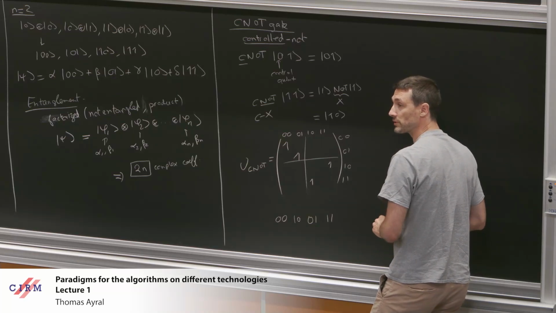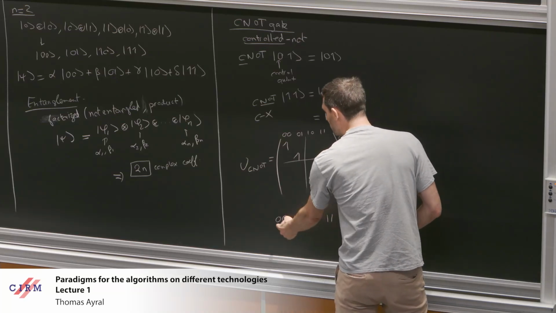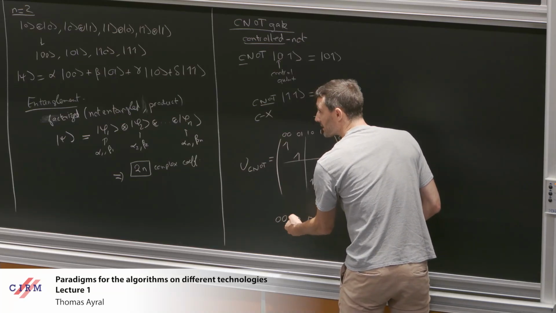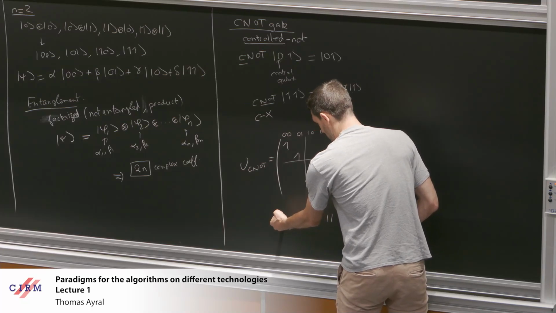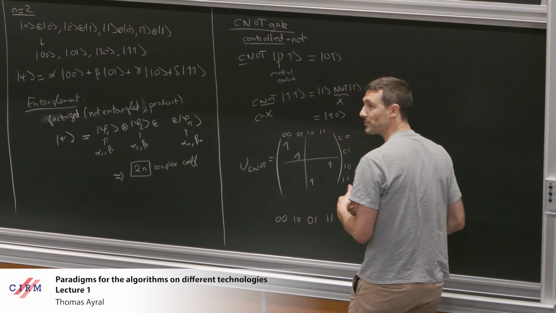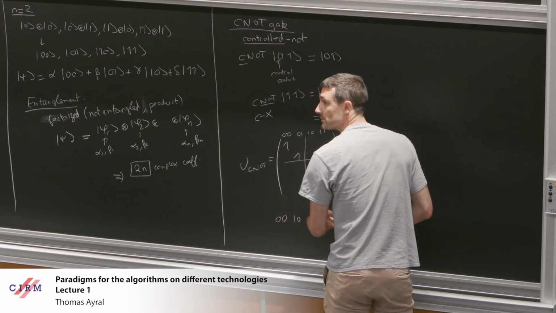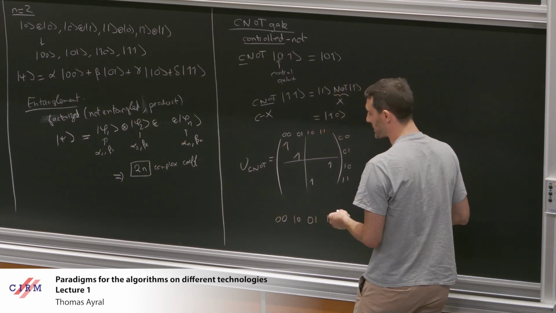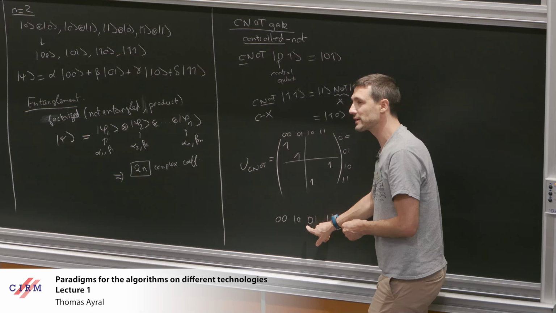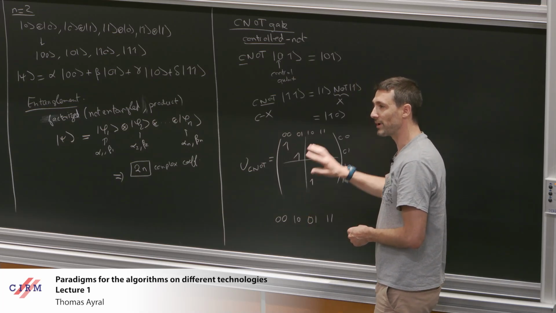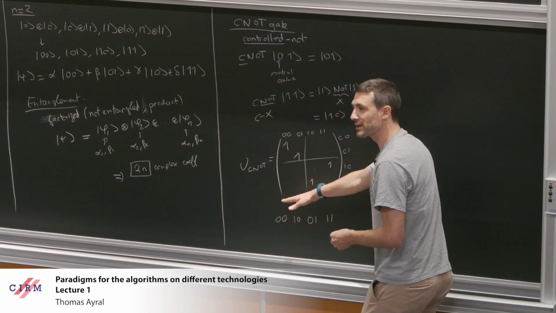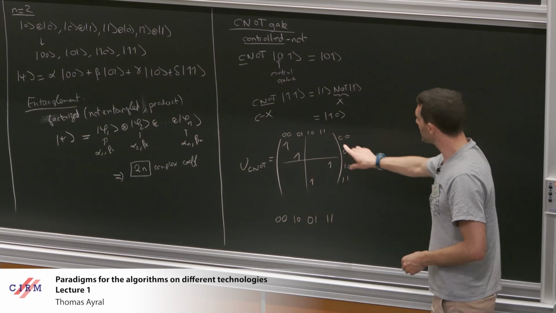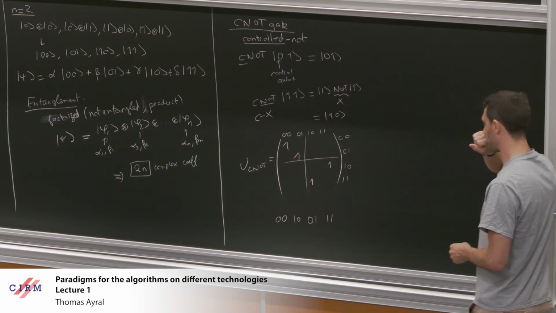I could have also chosen that if I had in mind that my binary representation has the most significant bit on the right. Okay, but here I choose my most significant bit to be on the left, which is a usual convention. But as we will see when we tackle the Fourier transform, it plays an important role to have these in mind. Okay, I could also have used the gray code or whatever, but this is what people typically use here.